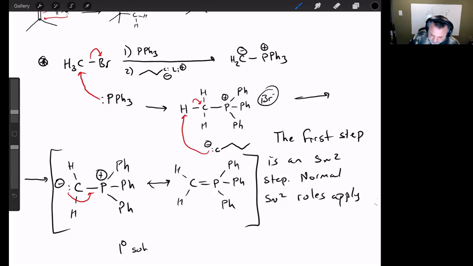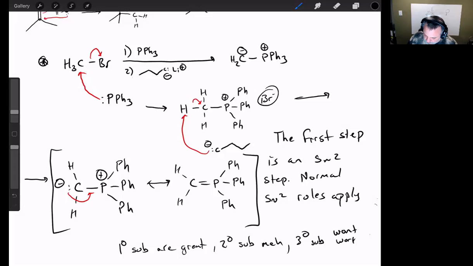Primary substrates are great. Secondary substrates, not so great. And what about tertiary substrates? They're not going to work at all.